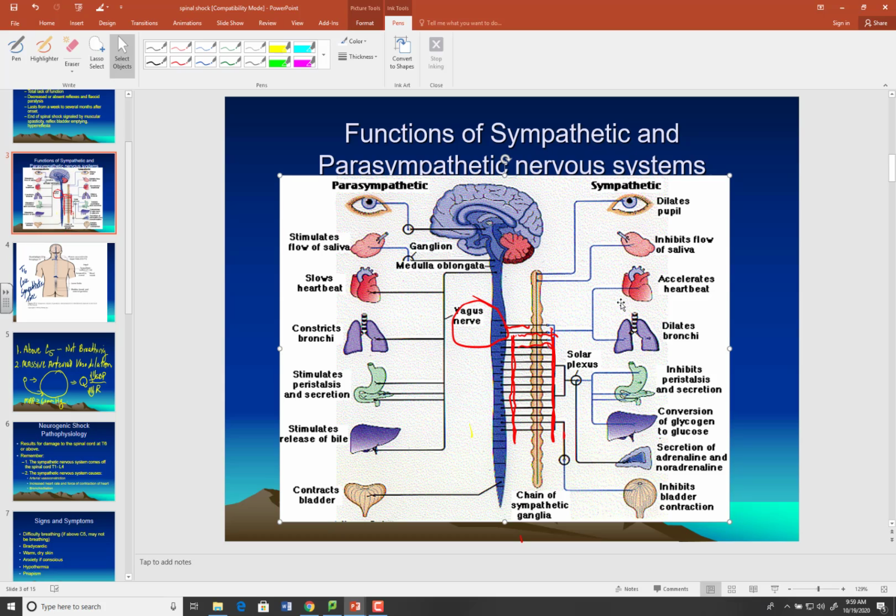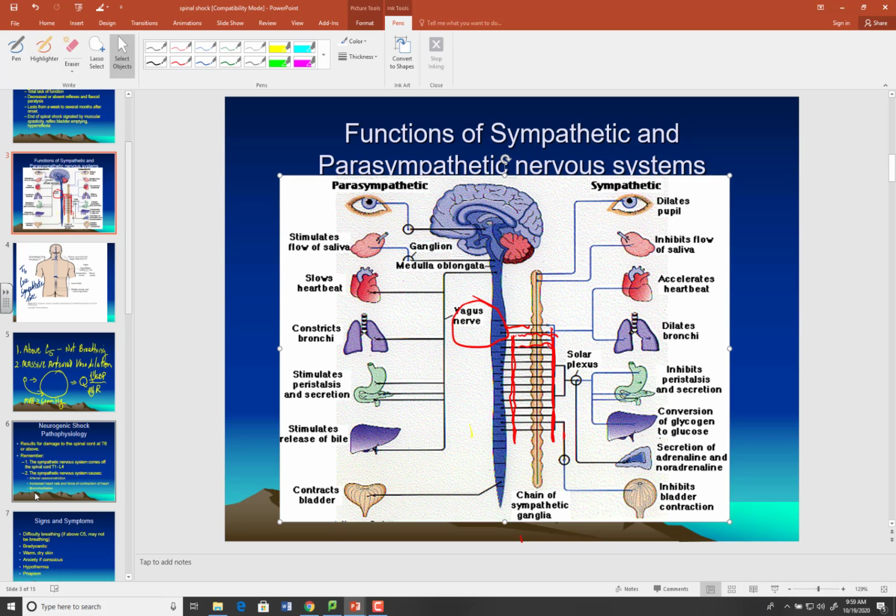And as a result, you're going to get unopposed parasympathetic stimulation or vagal stimulation. So not only are your blood vessels dilated, but you have the effects of the vagus nerve stimulating the heart, and that's going to cause a drop in heart rate.